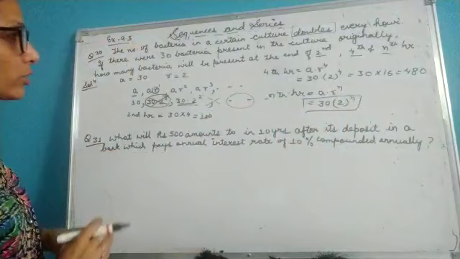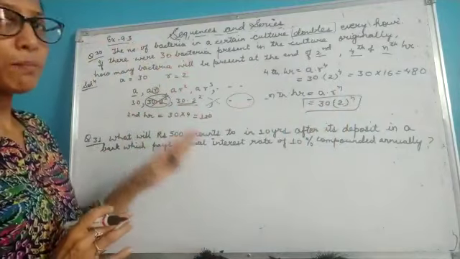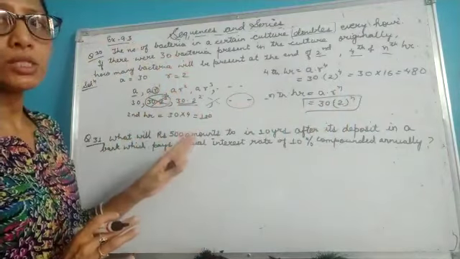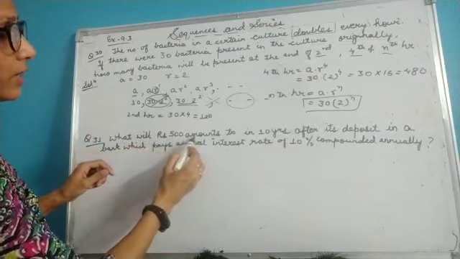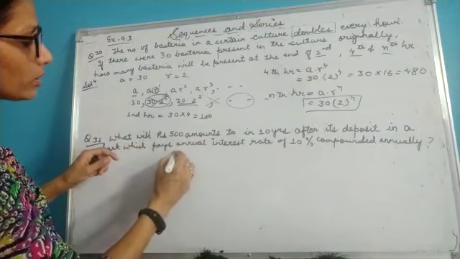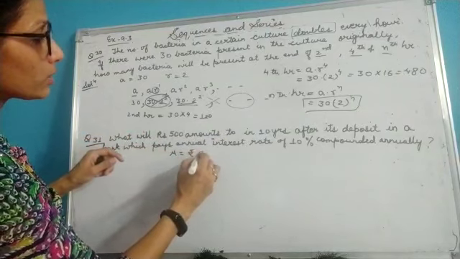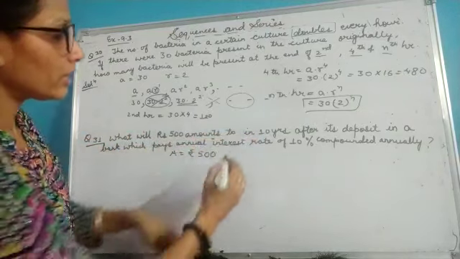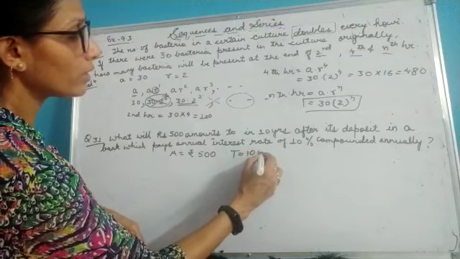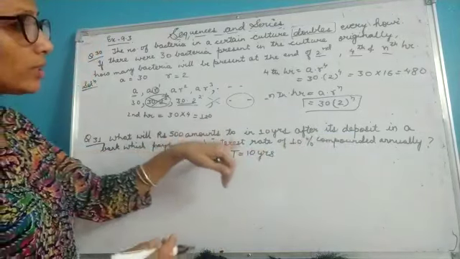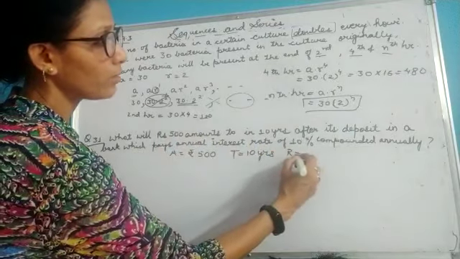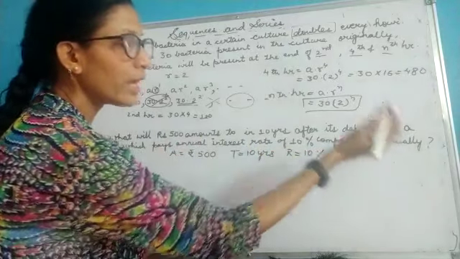Now you see the next question. Children, these are application of GP series questions. Here what is given? What will rupees 500 amount to in 10 years? Time is given to you as 10 years, after its deposit in a bank which pays an annual interest rate of 10% compounded annually.